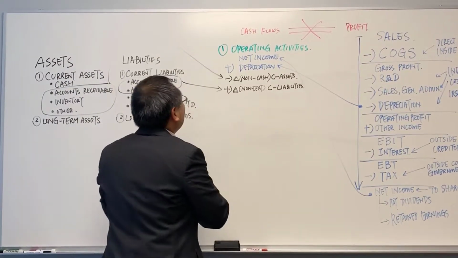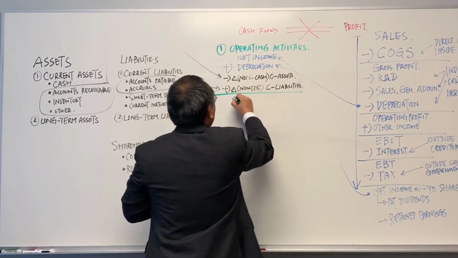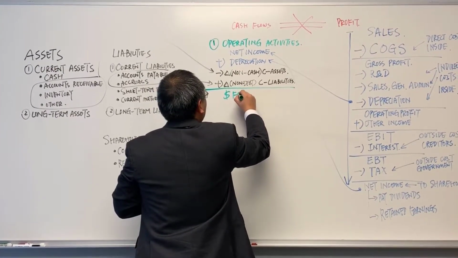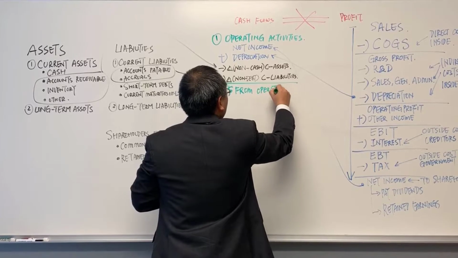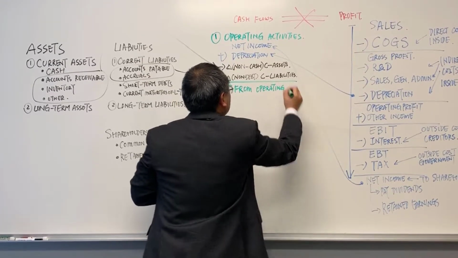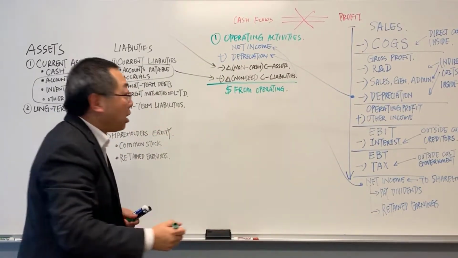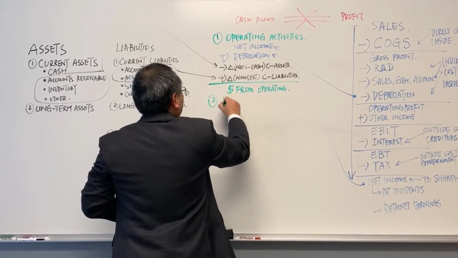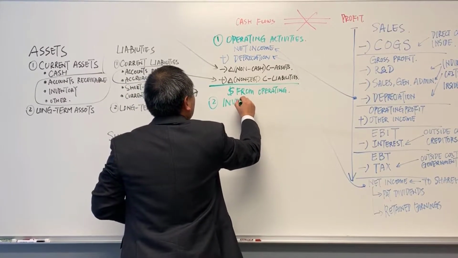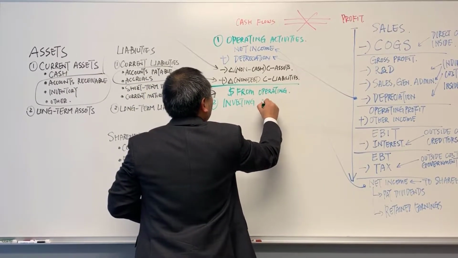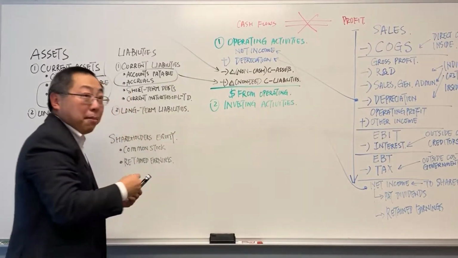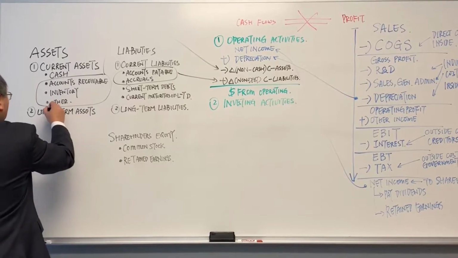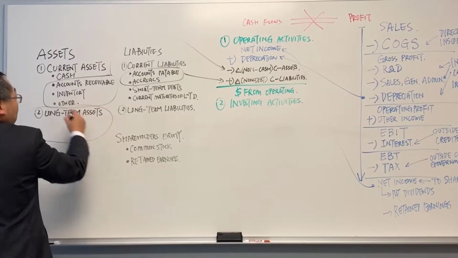As a result, we have cash from operating activities. Second part, cash from investing activities. And that mainly comes from our long-term asset part.